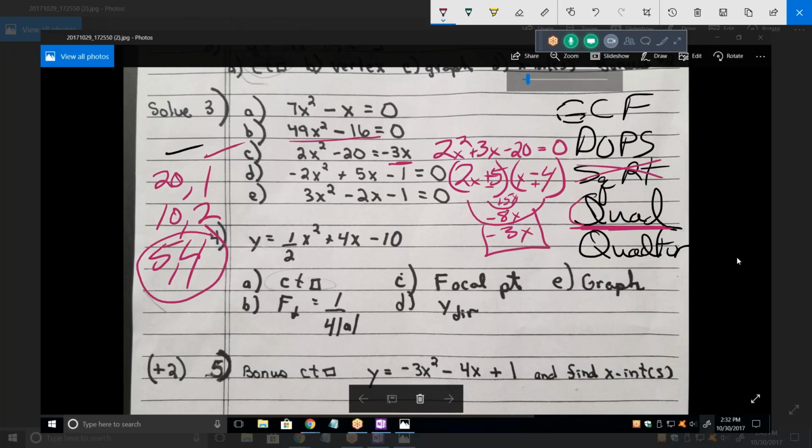So the 5 moves down to the minus sign, the 4 moves down to the plus sign, and our answers are 2x minus 5 equals 0, and x plus 4 equals 0. What are my two solutions? You add 4 on one side, so we have 2x. So we'd have 5 over 2 for the first one. And for the next one, we just have negative 4. There you go.